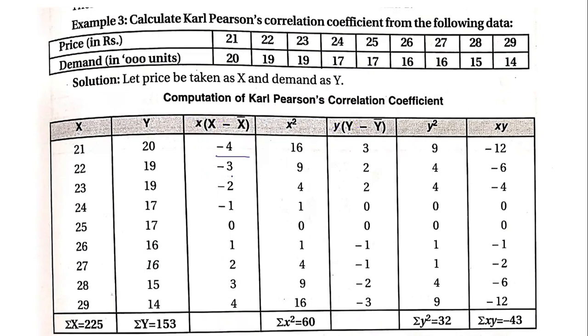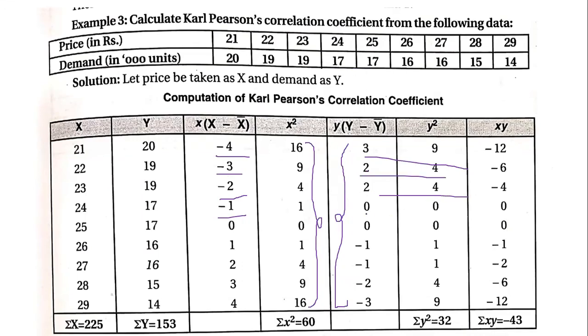Minus 4 square is 16, minus 3 square is 9, minus 2 square is 4, minus 1 square is 1, and so on. You are supposed to find all the square values. And the same thing you have to do for y also. 3 square is 9, 2 square is 4, 2 square is 4, 0 square is 0, again 0, 1 square is 1, 1, 4 and 9.